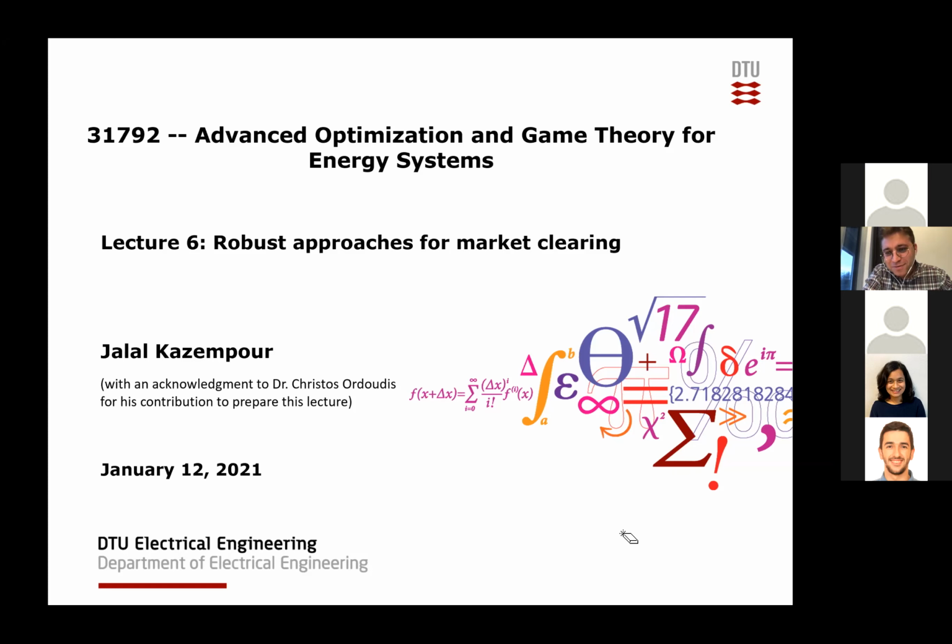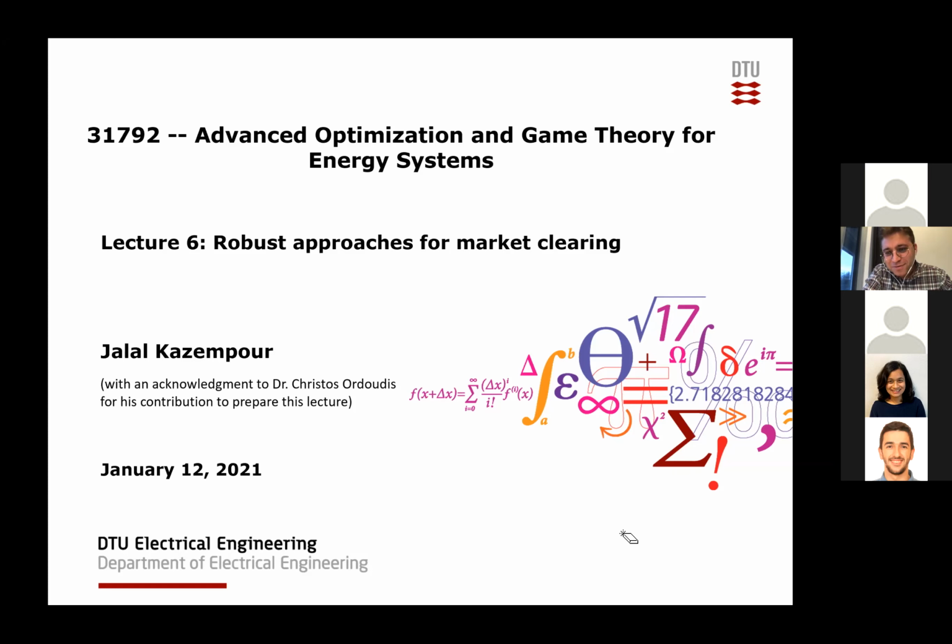If it's max-max, it means that for the worst case realization, you maximize the cost. Are we doing that? For the worst case, we are minimizing the cost. Very good. Nice.